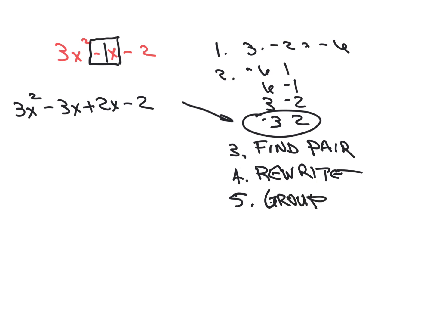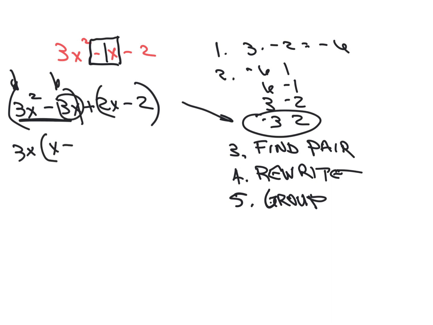Group. Okay, all you're doing grouping is this. Now remember, a little while ago, I think the last lesson, we factored out of that. So we're going to factor a 3 out because it's common to both of these terms. And we're going to factor 1x out. And what do we have left? We have an x there, and we took the whole thing out. So remember, you put a 1 there.